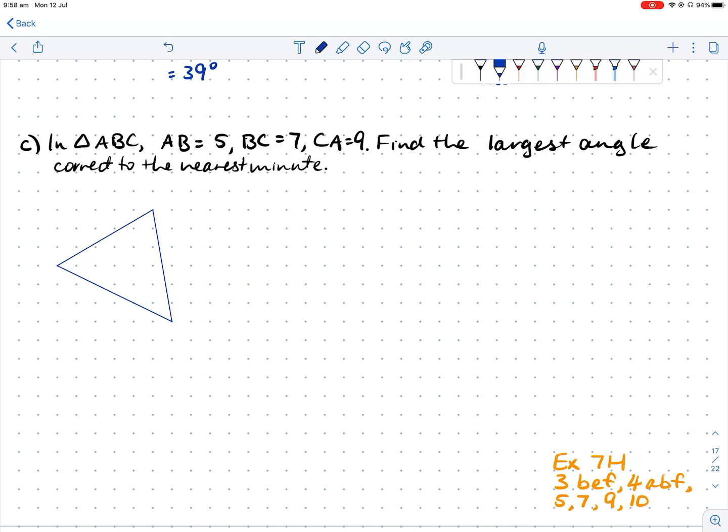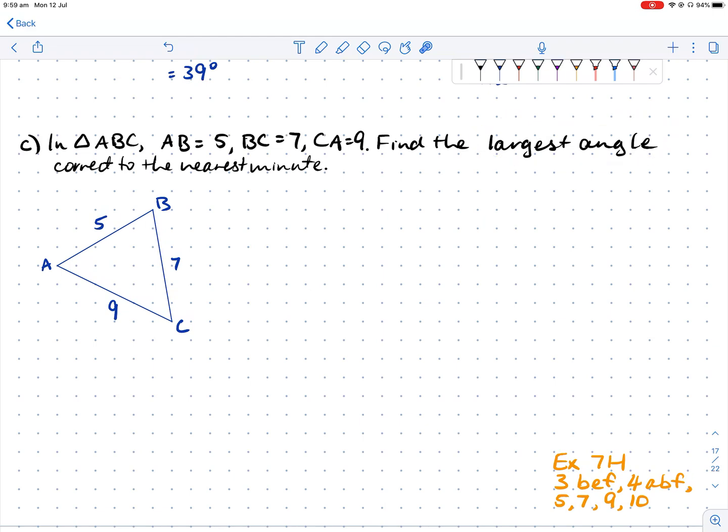So triangle ABC, just label the corners, any order, A, B, C. Now side AB is 5, BC is 7, and CA is 9. So there's your 3 sides. Now we need to work out what the largest angle is.